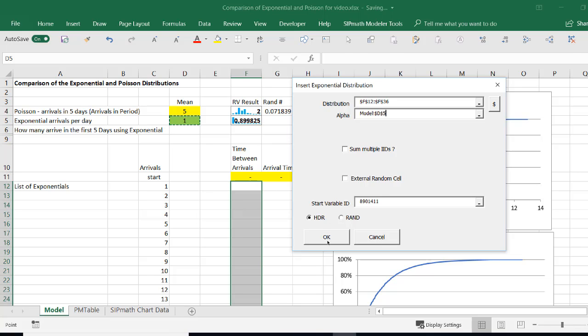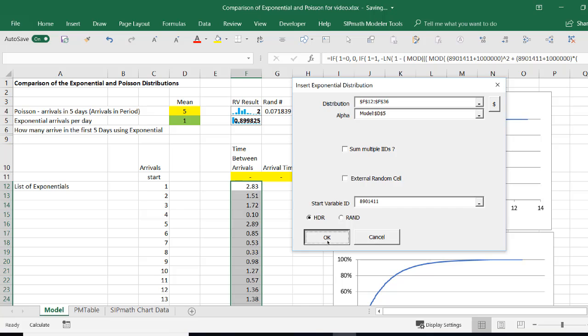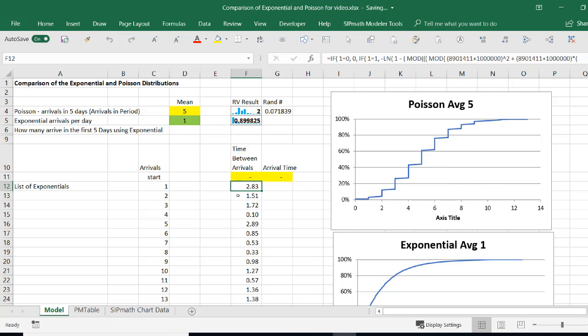So we'll say OK. Now I've got my mean arrival times. If I start at 0, the arrival time for the first person is equal to the arrival time of the last one plus the interval arrival times. And I can copy that down.